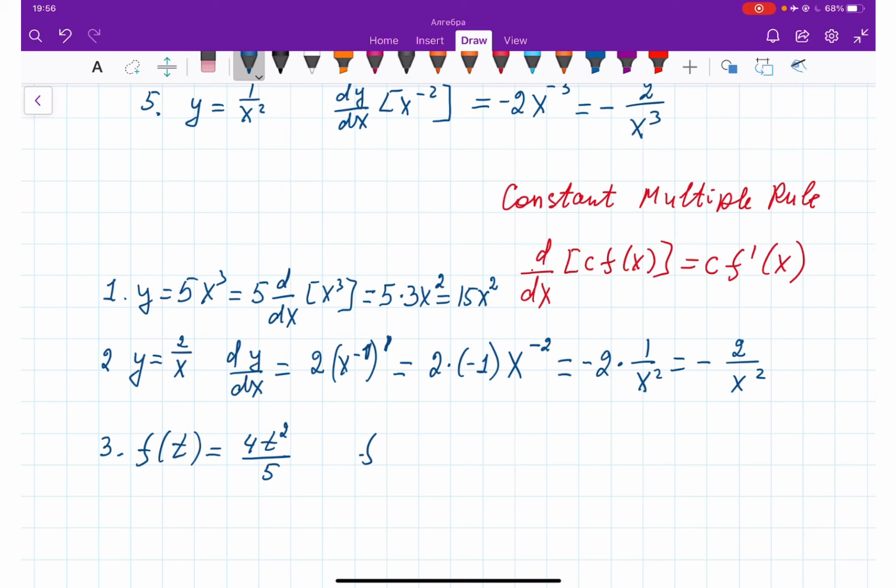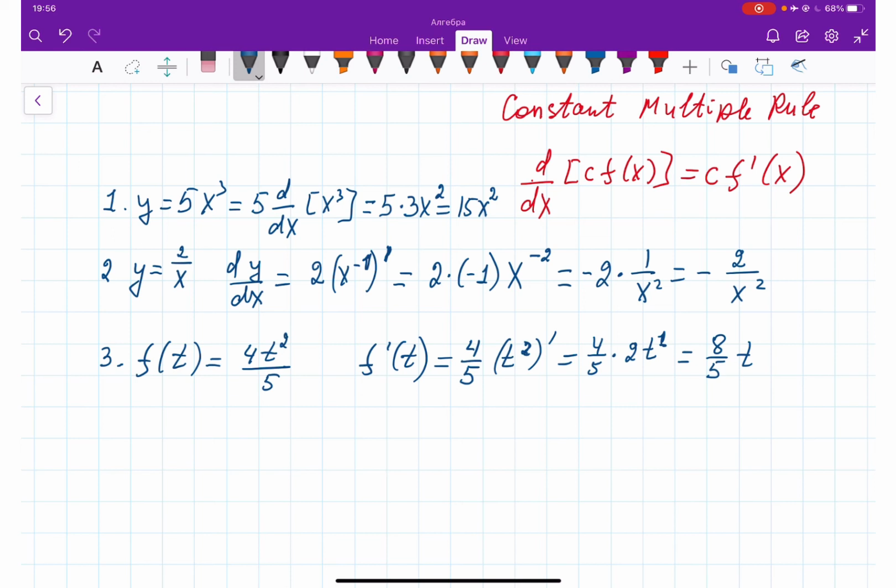So f prime of t is equal to 4/5 comes out, and we will have t squared prime. So it's going to be 4/5 times 2t to the power 1, and that is going to be equal to 8 over 5 t.